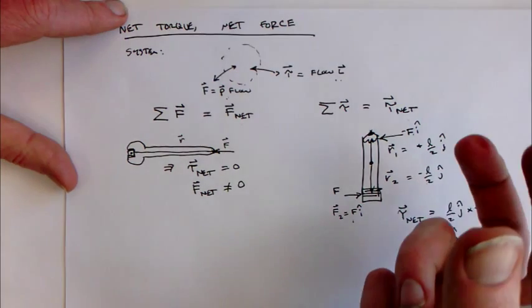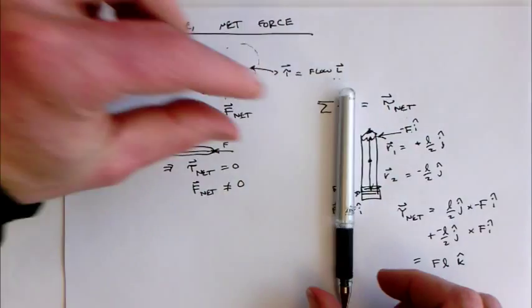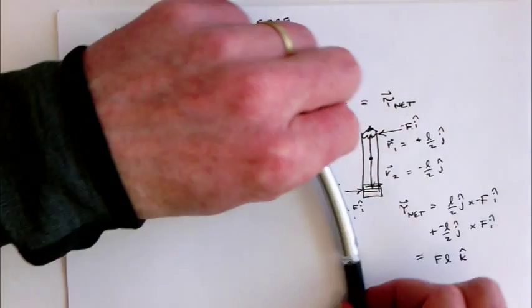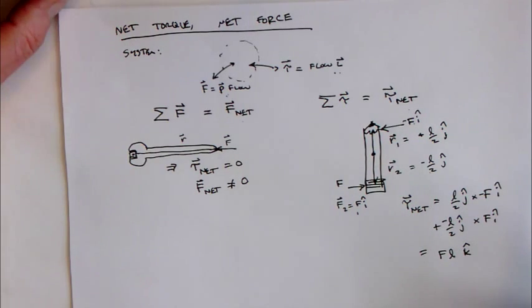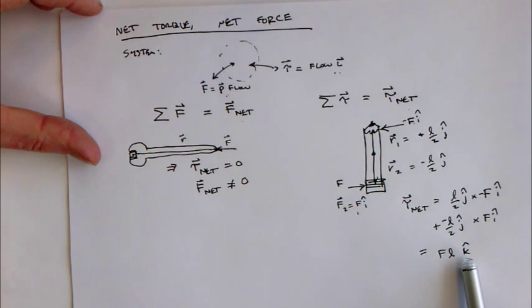Notice that this is tending to cause the pencil to rotate counterclockwise. Counterclockwise corresponds to rotation in the positive k hat direction, so my torque is in the positive k hat direction.